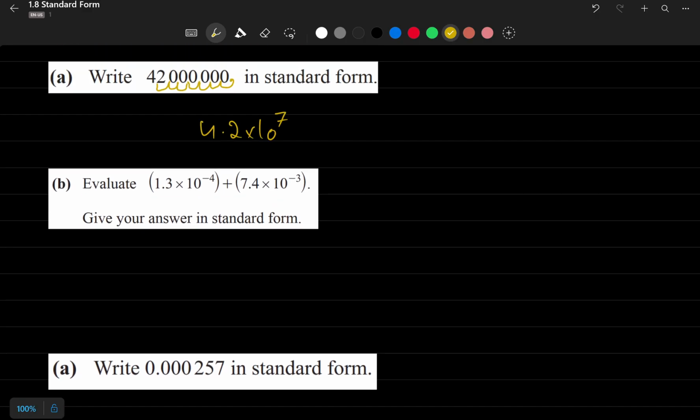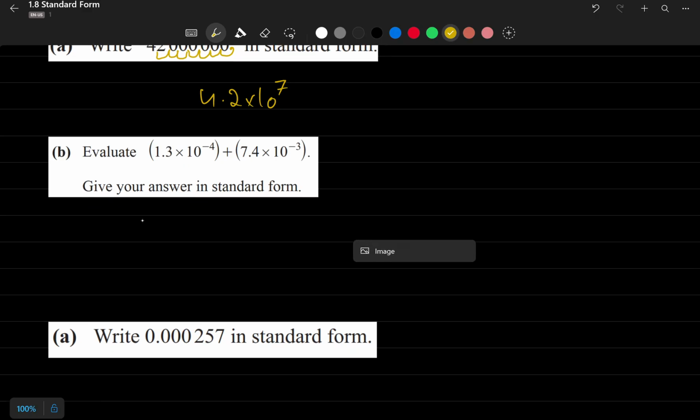Another part says, now we have to add the powers, but as you see, for addition or subtraction, these powers must be same. So for making these powers same, 1.3 into 10 raised to power negative 4. We will convert this negative 4 into negative 3 and not this negative 3 into negative 4, because we always change the lower power.